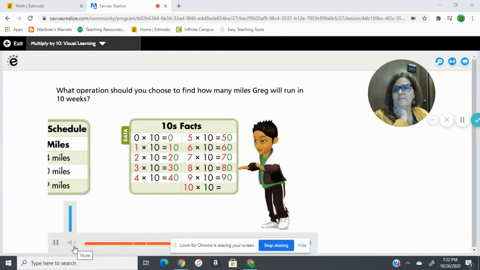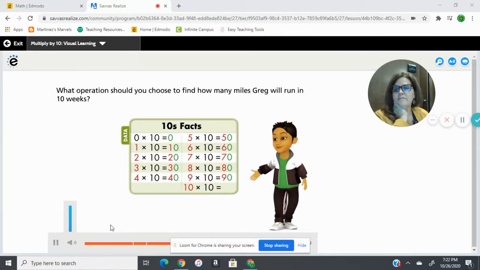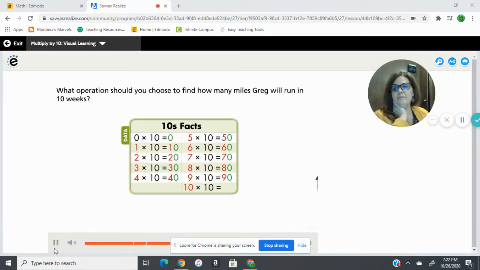What operation should you choose to find how many miles Greg will run in 10 weeks? Okay, so what will be the easiest way to solve that? Would we add? We could do repeated addition. We could do subtraction, addition, multiplication, division.